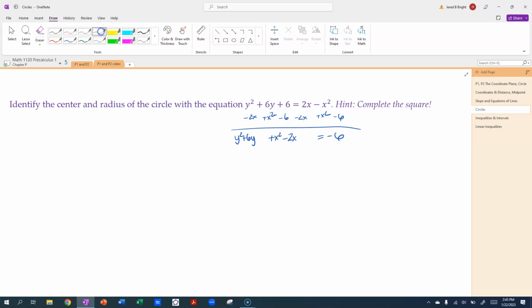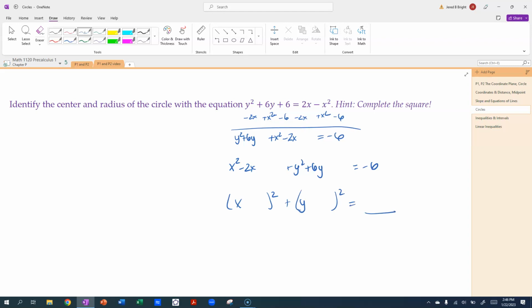Now, completing the square, maybe I'll take one more line and do the x's first: x squared minus 2x plus y squared plus 6y equals minus 6. The idea is that you want to get this to factor into something like x plus or minus something squared plus y plus or minus something squared is equal to a number.